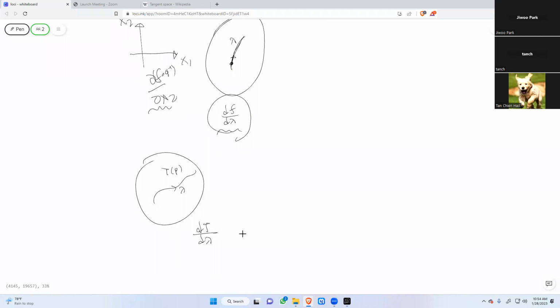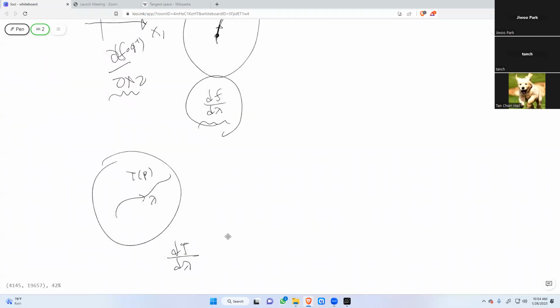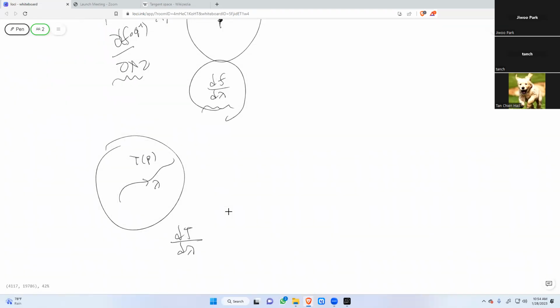Yeah, that makes sense, but we haven't really defined vectors yet. You said that the idea of vectors is that you would like to have a notion of vectors tangent to a particular point.